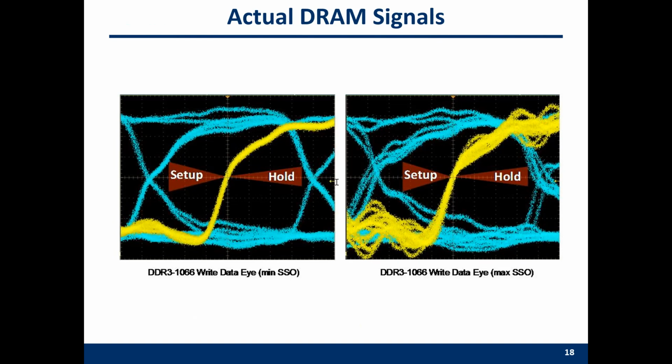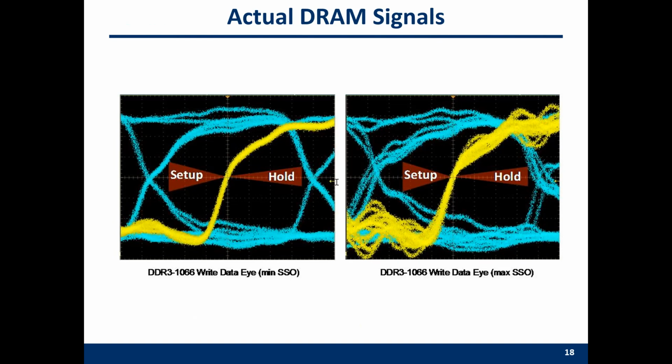If the rising is very steep and the falling is very steep, the area in this middle part will be very large. This area is actually called the data eye. If you have a very large data eye, that means your signal is very clear and your signal integrity is very good.